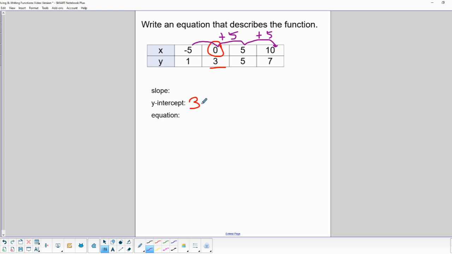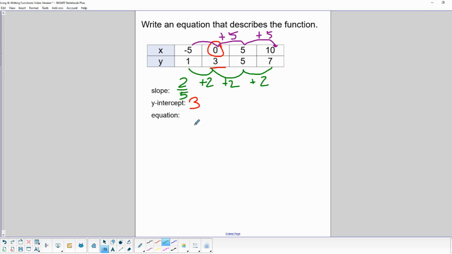Meanwhile, on the y, we take a look at the y, we're going from 1 to 3, 3 to 5, 5 to 7. That's an increase of 2. So the slope is 2, and our increase on x is 5, so our slope is 2 over 5.